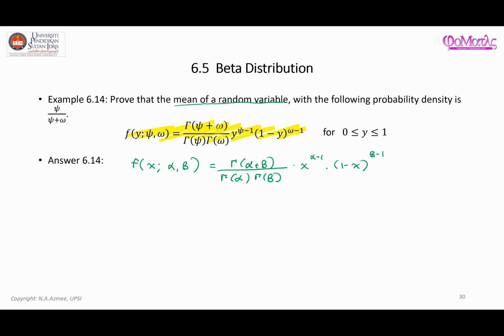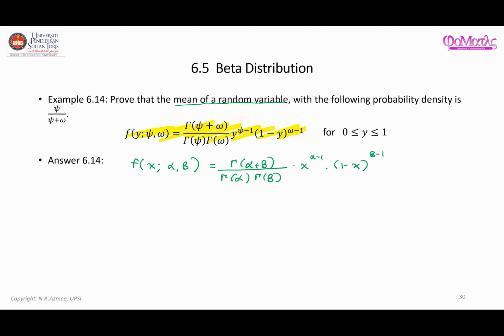Instead of beta, we have omega over here. Instead of x, we have y as a random variable. It doesn't matter. What is important is that you are able to recognize that this probability density function is related to the beta distribution. So you are good to go after that.